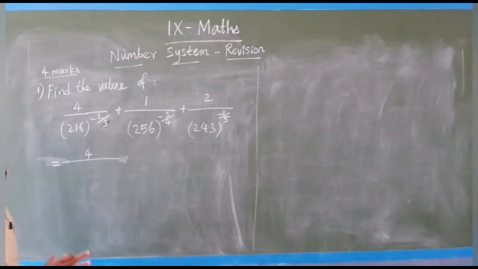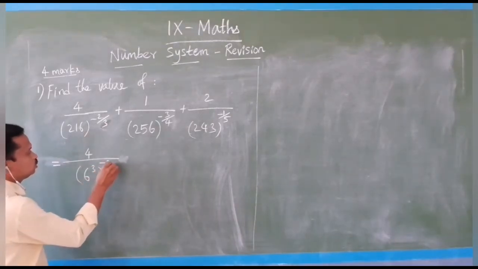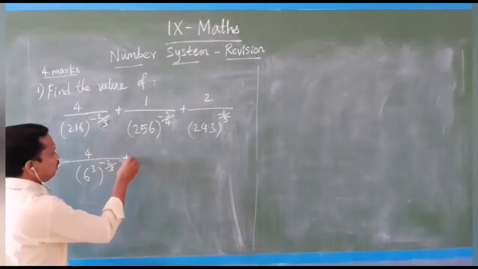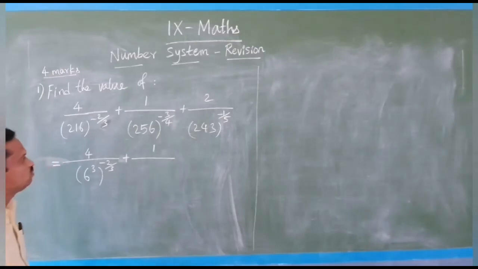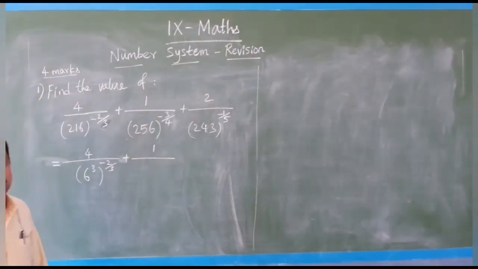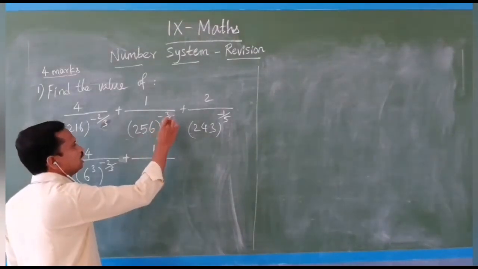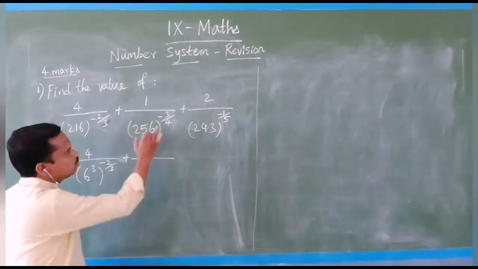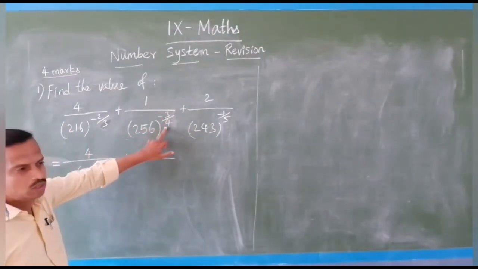So like that you have to change. So 6 cube whole to the power minus 2 by 3, and then plus 1 by 256. You have to convert to exponent form by observing the denominator of the exponent here, which is minus 3 by 4.